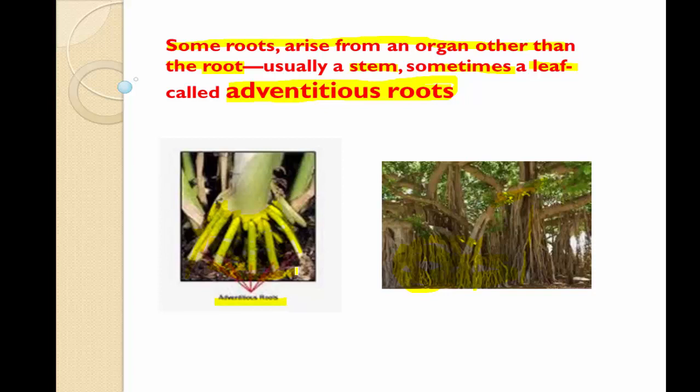They may develop from the stem or from the leaf. Their main function is to provide mechanical support. If possible, try to remember that in dicots adventitious roots are called prop roots, and in monocots they are called stilt roots. So this is what I wanted to discuss in today's video.